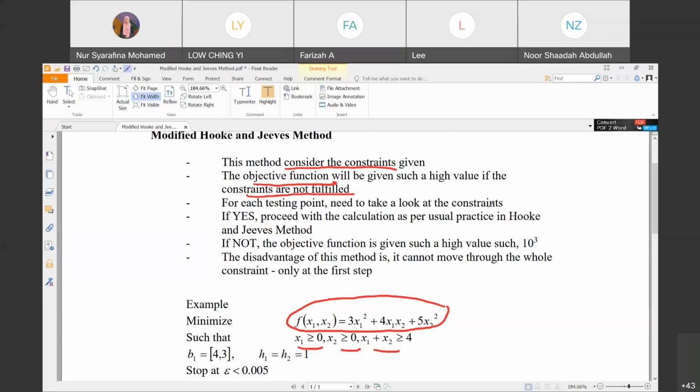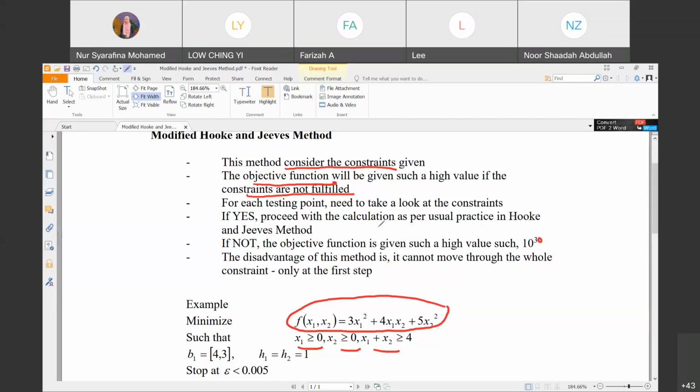Okay, if the constraints are fulfilled, we proceed with the calculation as usual in our Hooke and Jeeves method. But if not, then the objective function will be given a very high value, 10 to the power of 30.